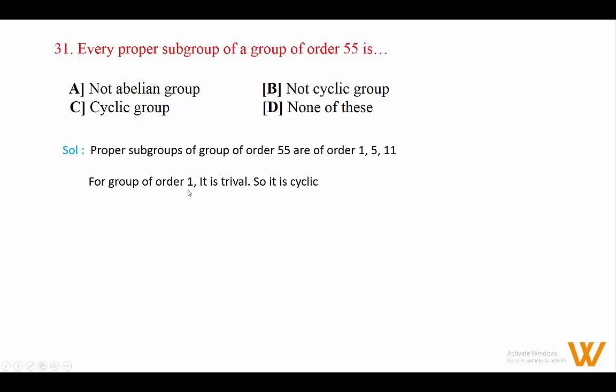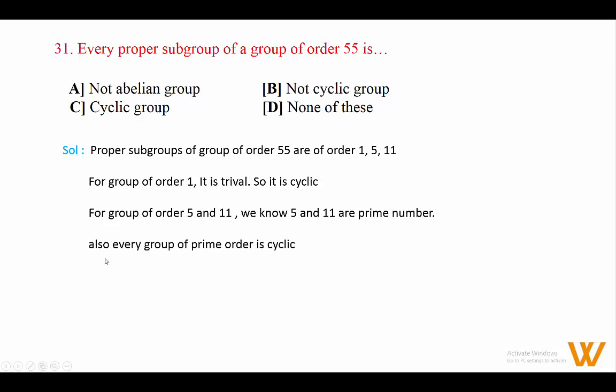A group of order 1 is a trivial group, so it is cyclic. For groups of order 5 and 11, we know 5 and 11 are prime numbers, and every group of prime order is cyclic. So proper subgroups of order 1, 5, 11 are cyclic.